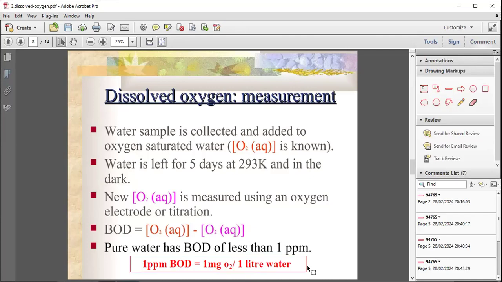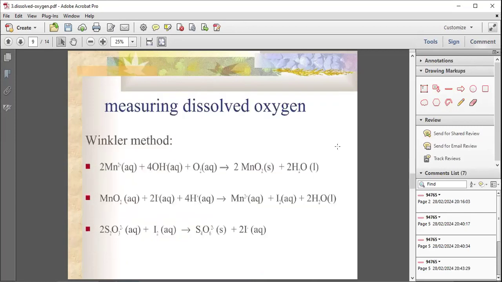Okay, 1 milligram. Then measuring dissolved oxygen. This is the chemical reaction, the Winkler method. 2 manganese plus 4 OH minus, this is the base, with oxygen.